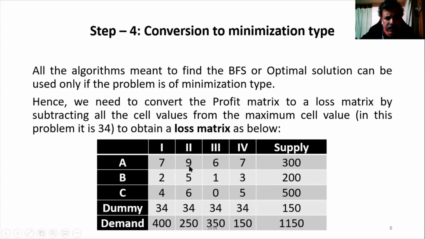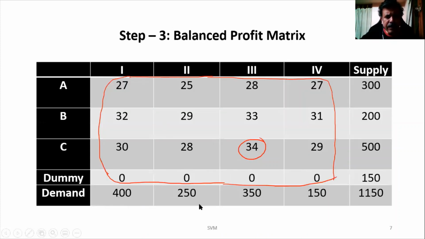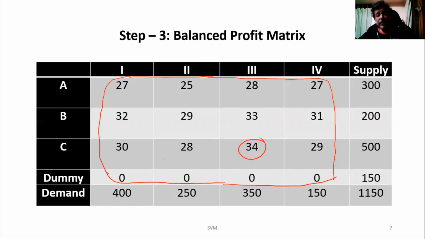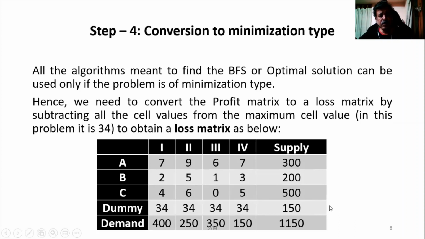Then the next number, 34 minus 25, we got 9. Likewise, all these cell entries are evaluated by subtracting these entries from 34. So 34 minus 27, 34 minus 25, 34 minus 28, and so on, 34 minus 0, 34 minus 0. That is what gives you the loss matrix.